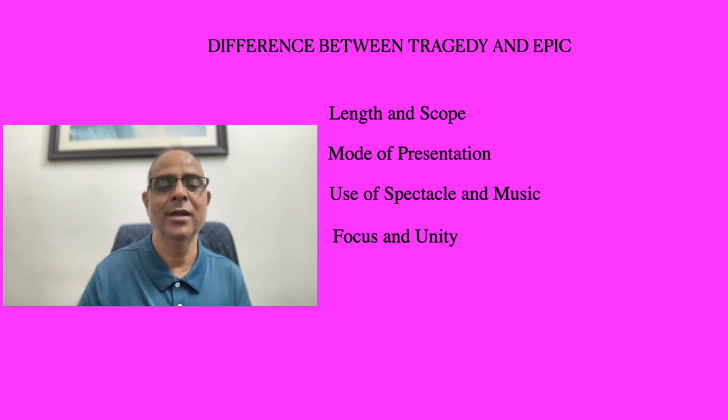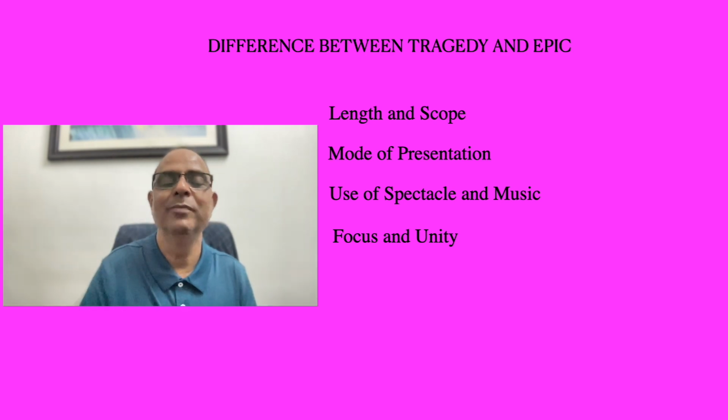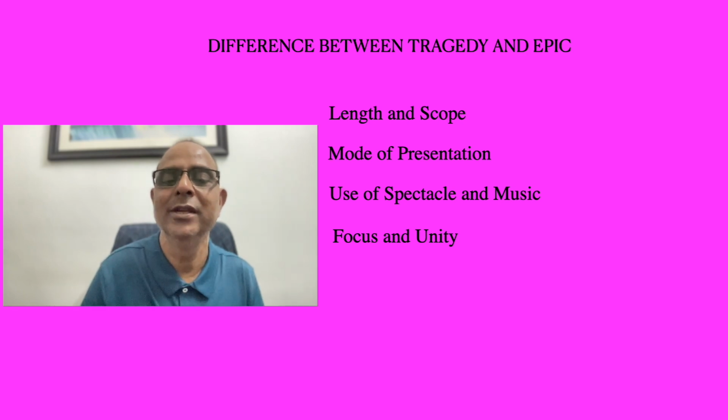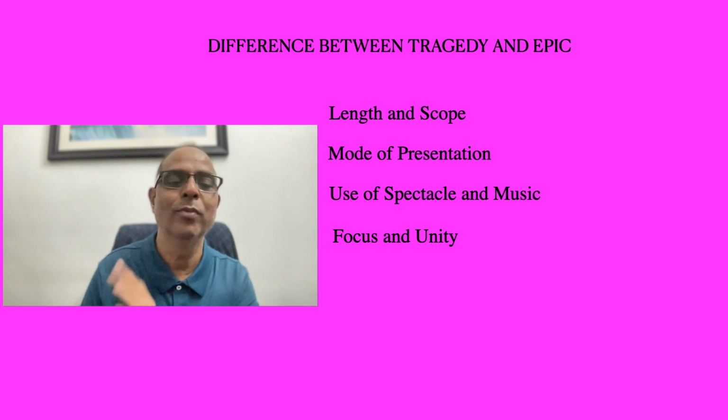Tragedy, on the other hand, typically centers around a single unified plot with a clear beginning, clear middle, and clear end. It focuses intensely on the protagonist's journey, conflicts, and ultimate downfall.